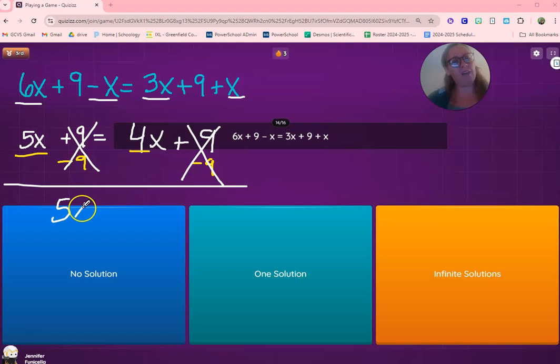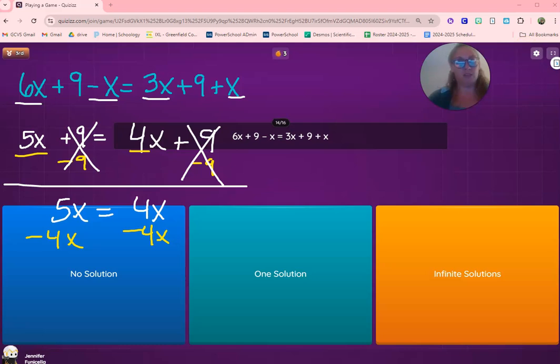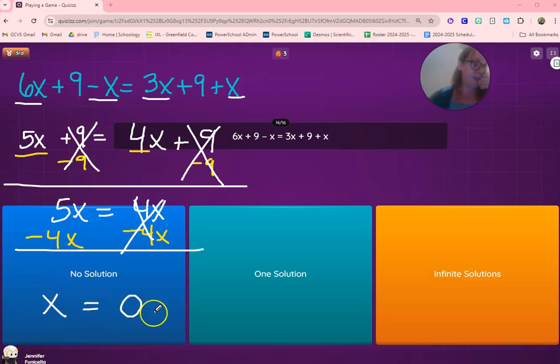And then we have 5x equals 4x. So we can subtract 4x on both sides to get both of the x's together. And we get 1x, 5 minus 4 is 1x equals 0, right?